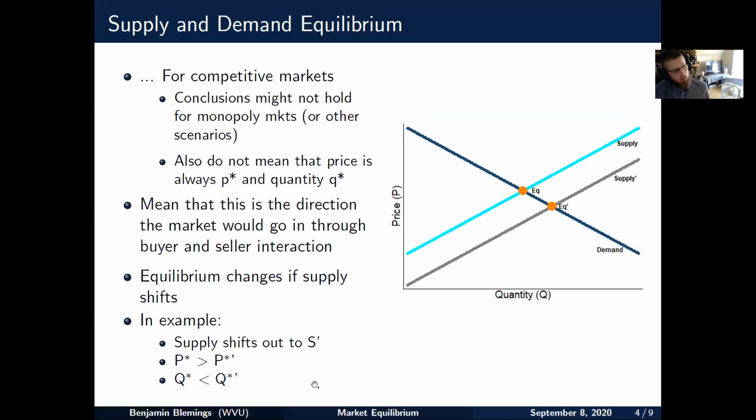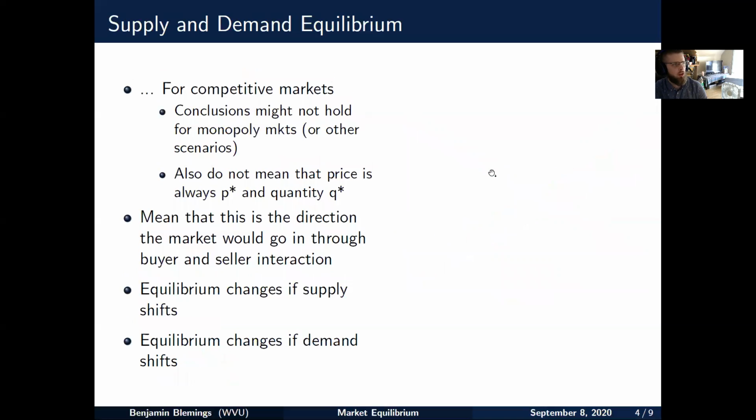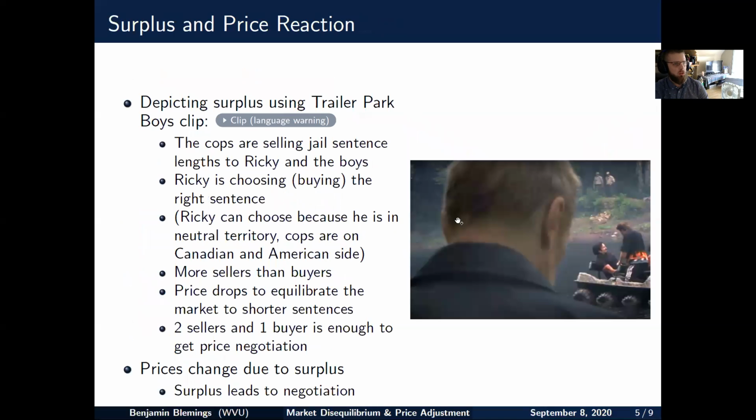And if, let's just say hypothetically, supply would shift out from the original supply, then the equilibrium point also changes. And in this instance, the price is lower with more supply, and the quantity is higher with a shift out in the supply curve for any reason. And the equilibrium would change also if the demand curve changed.